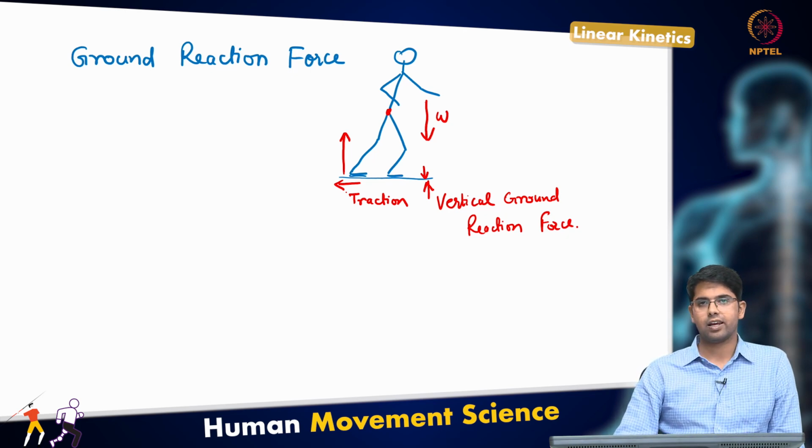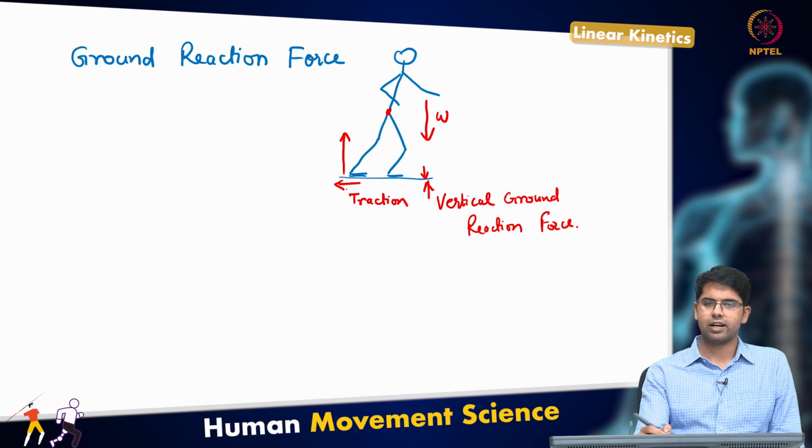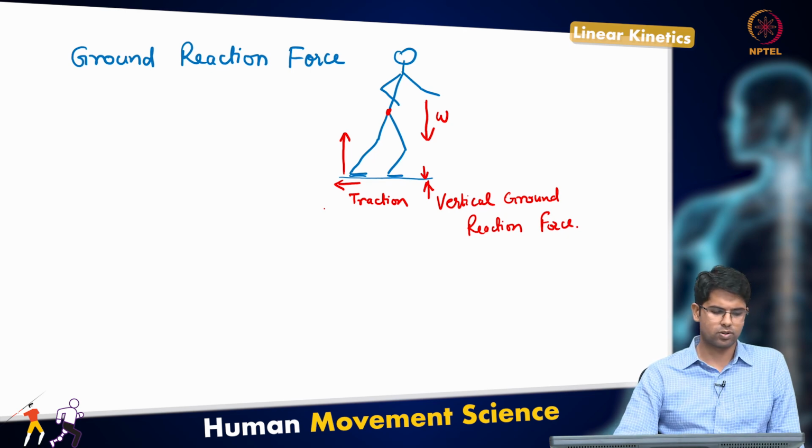Right now we are looking at a purely planar system, or we are looking at this person from the side. So the forces are in 2 dimensions, right? But in reality, the forces are 3-dimensional. They will be spatial in nature. We'll deal with those particulars of reaction forces in some other course.